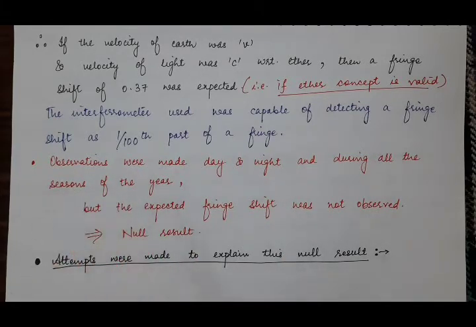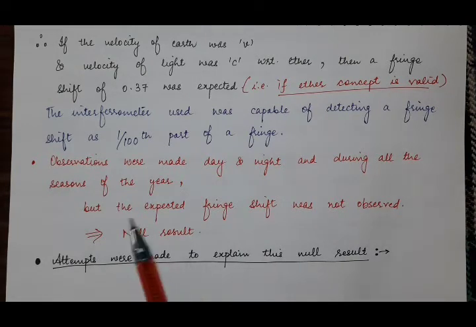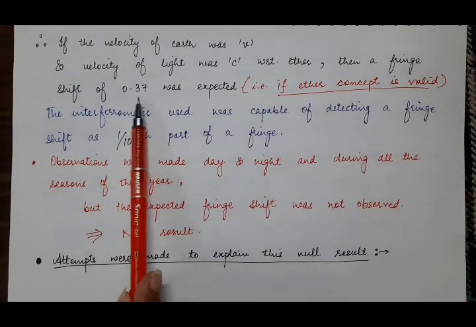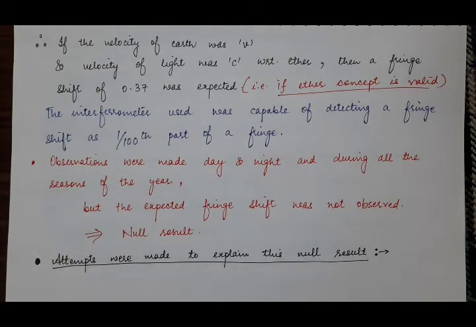The observations were made day and night during all the seasons of the year, but this expected fringe shift of 0.37 was not observed experimentally. It means they had not obtained any fringe shift experimentally. Experimentally the fringe shift was 0. It means they obtained a null result.